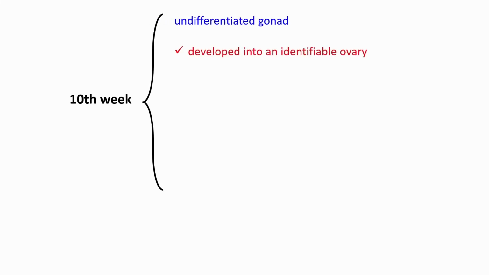Then, because of several factors we have just mentioned, this undifferentiated gonad is going to go a step forward and become an identifiable ovary because of the genetics of the X chromosome, because of hormones, and the primary sex cords, which we talked about.